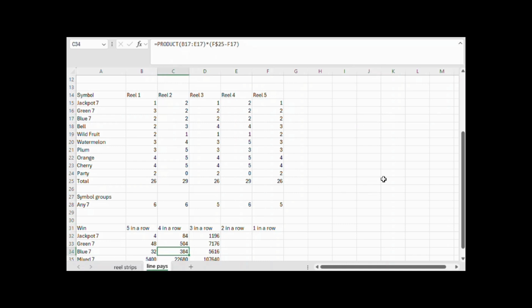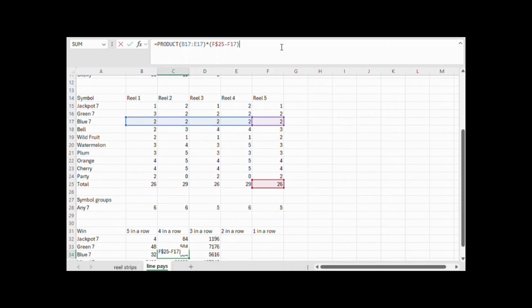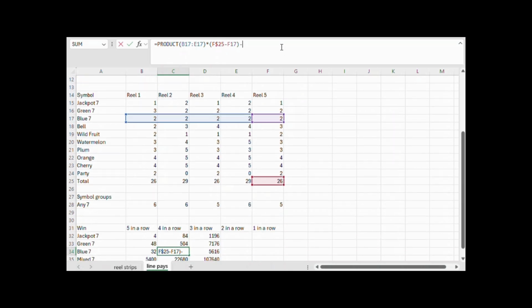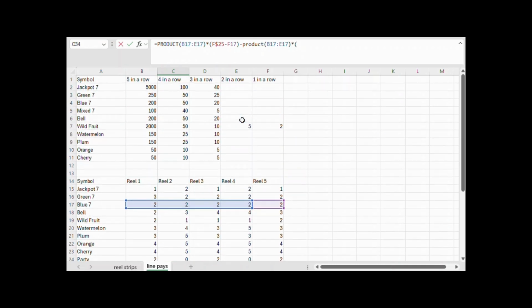Next, let's do the same kind of thing, but for the blue 7s. So for the 4 blue 7s, I'm going to subtract out the number of ways the player can get 4 blue 7s times the number of ways the player can get a Jackpot 7 or a green 7.